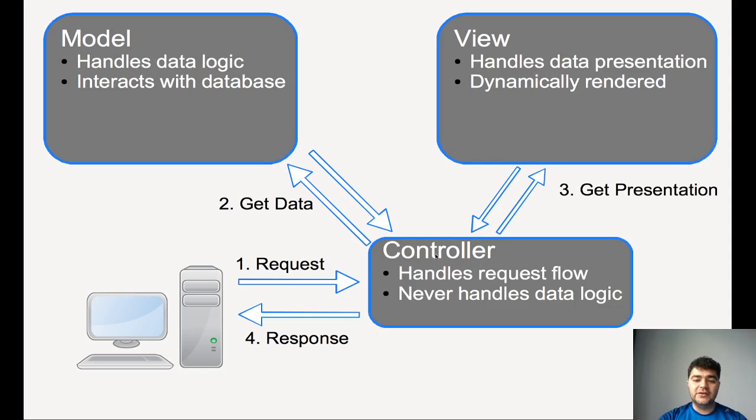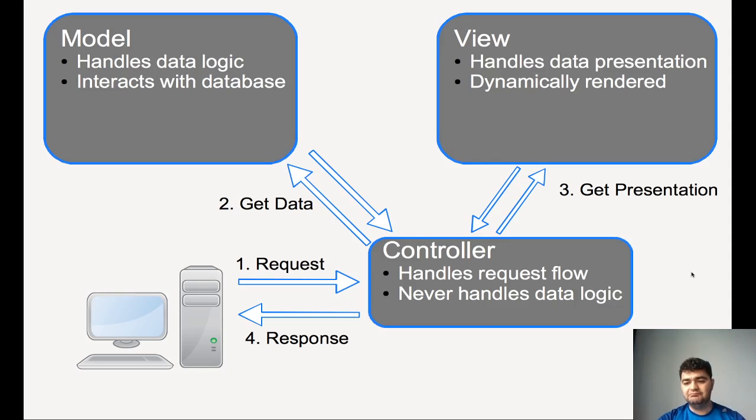The controller gets data from the model and passes it to the view. Then the view makes it into a presentation and passes it to the controller. Then the controller passes this presentation as a response to the user. Then the user will see a nice website or web application on their screen.